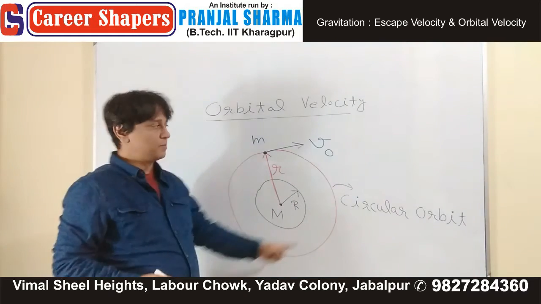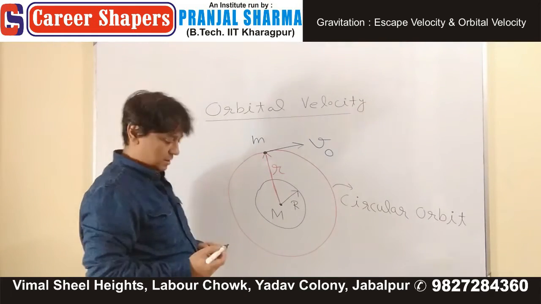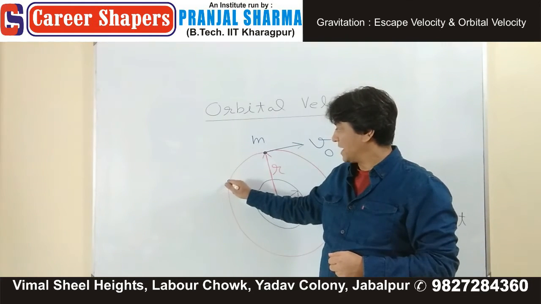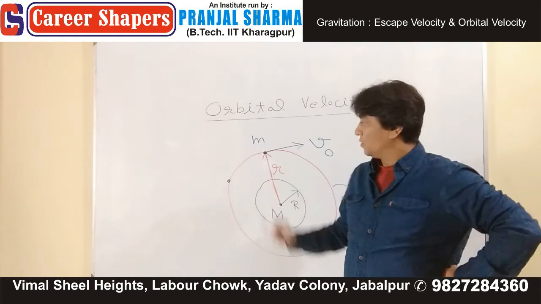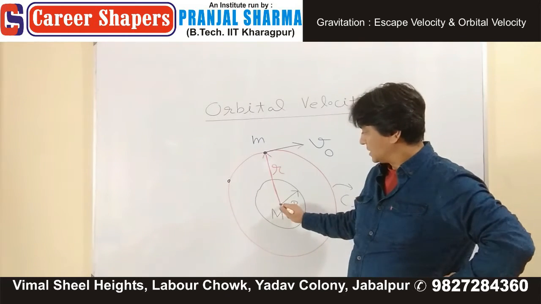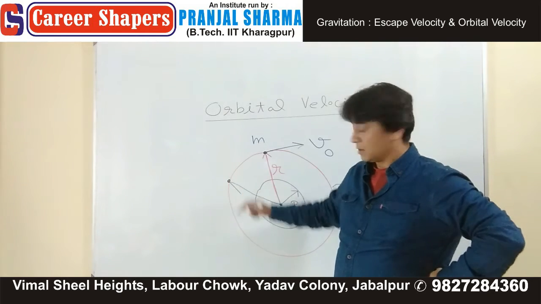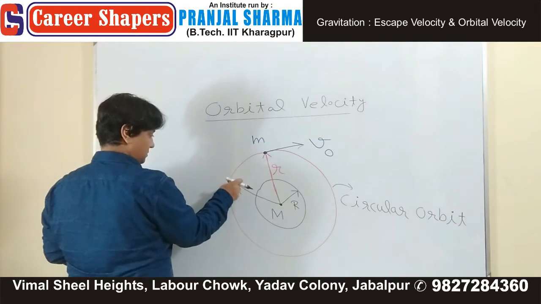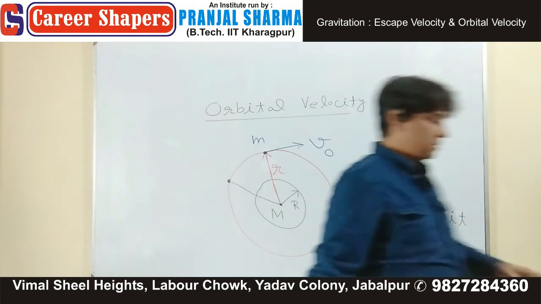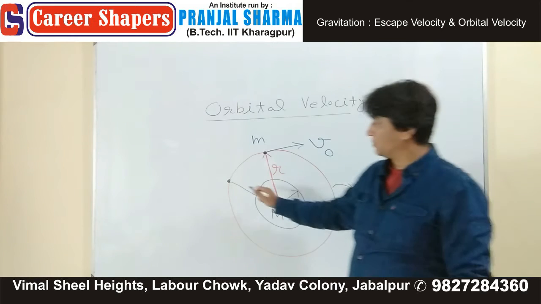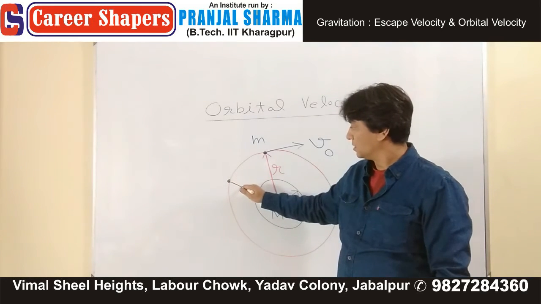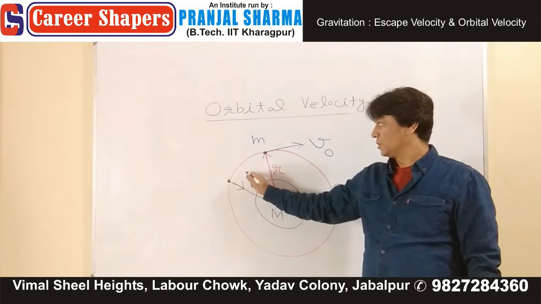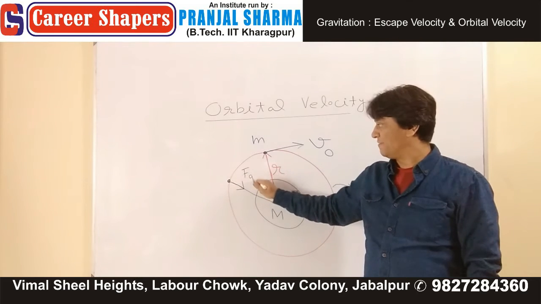Since it's a circular orbit, let's say that the satellite is found at this place. When satellite is at this place, it is being pulled towards the center of Earth. This satellite is being pulled in this direction toward the center of Earth with force of gravity Fg.